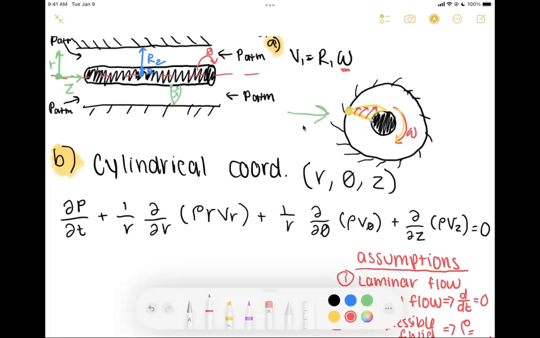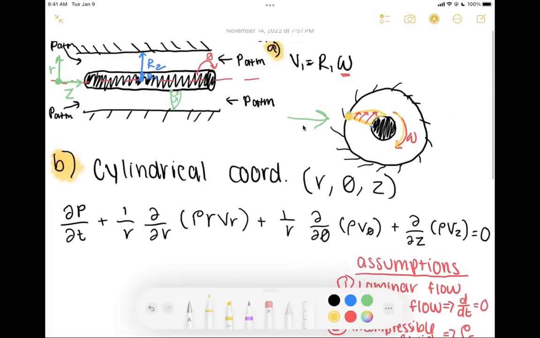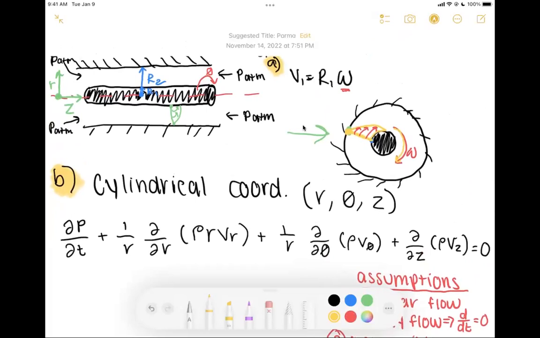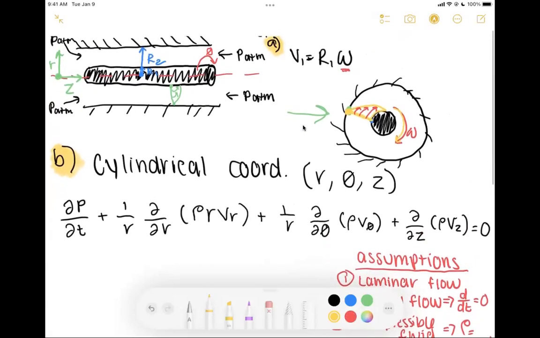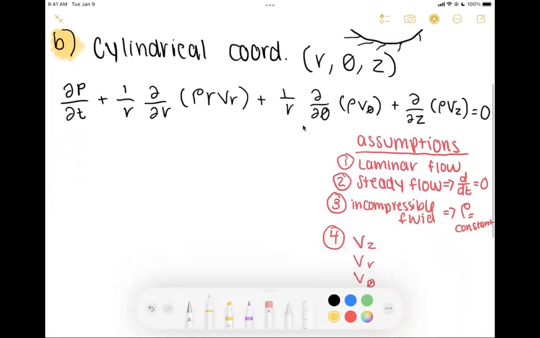So let's start off with v_z. So the z direction is this direction here. If I have a particle here and I have a particle here, do they have different velocities? They do not. So that would mean that v_z is equal to 0.